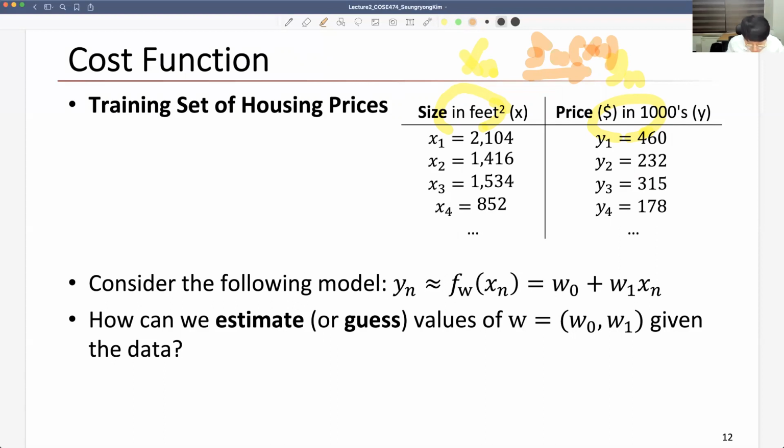First of all, let's consider the following simple linear model that has W0 and W1 in the mapping function. We want to find W0 and W1 that will approximate this ground truth data.